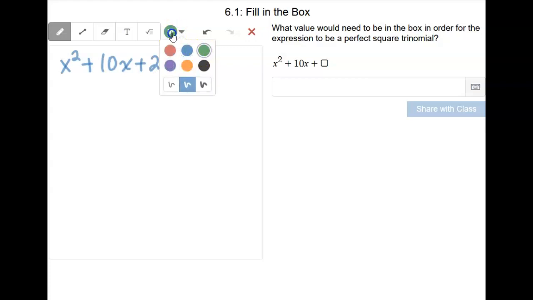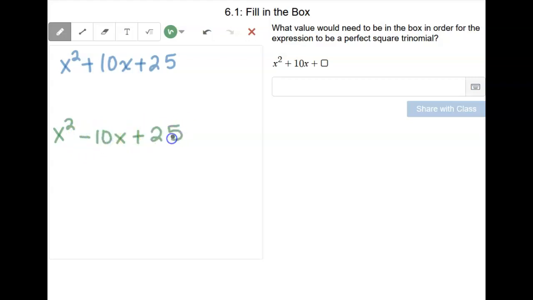Then we'll do x squared minus 10x plus 25. And then we'll do x squared minus 5x plus 25.